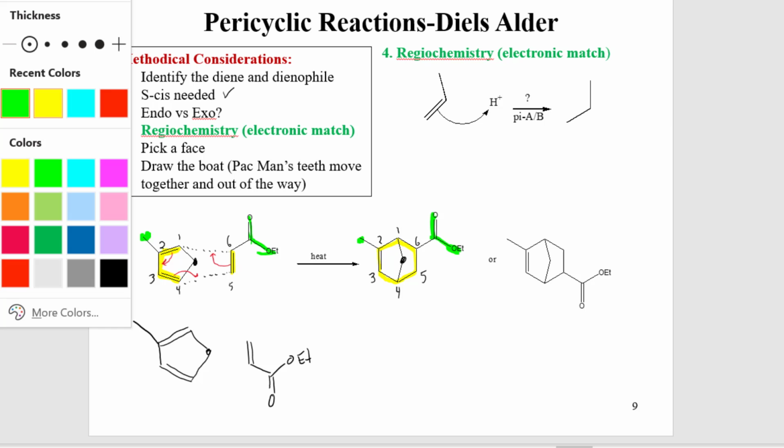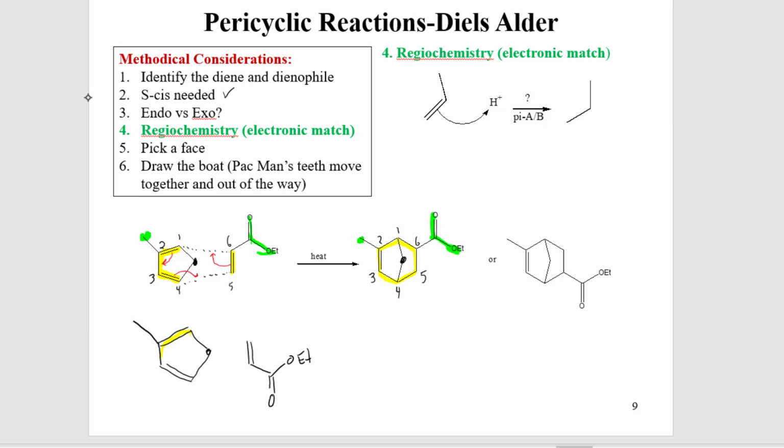Here's my diene. I left this whole system the same. There's my dienophile. 1, 2, 3, 4, 5. I'll just keep the numbering the same, 5 and 6, but what's to say I couldn't have done it this way?